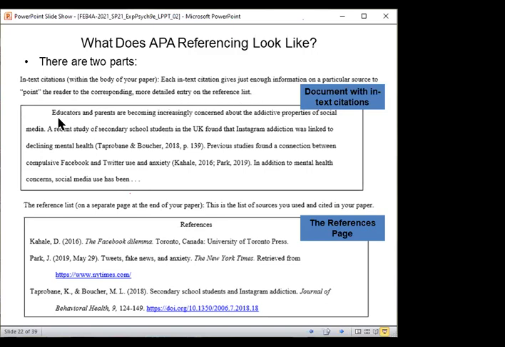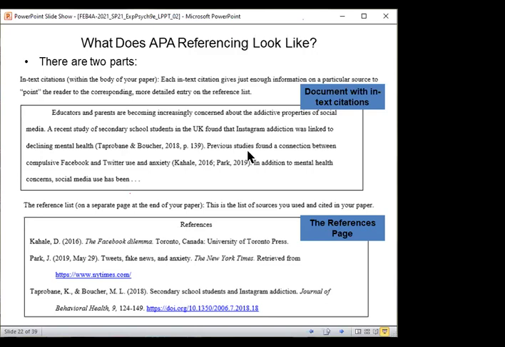So let me read this real quickly. Educators and parents are becoming increasingly concerned about the addictive properties of social media. A recent study of secondary school students in the UK found that Instagram addiction was linked to declining mental health. And it states here, Taprobane and Boucher, 2018.